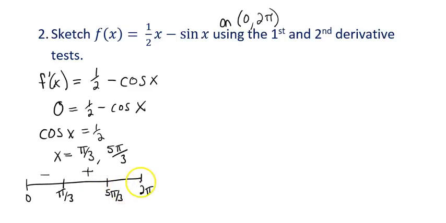And then in our last section, I have between 5 pi over 3 and 2 pi. So I'm going to pick 7 pi over 4 because I've already done the math almost, because 1/2 minus the cosine of 7 pi over 4 would be 1/2 minus square root 2 over 2, which is negative because I've already figured that part out. So I have negative, positive, negative there.